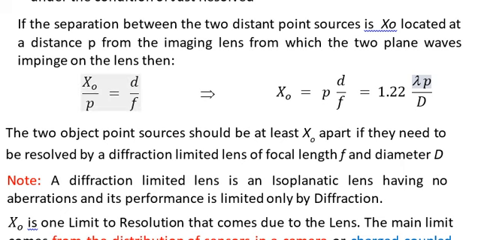Then we can write down the equation between them as x naught over p is equal to d over f.